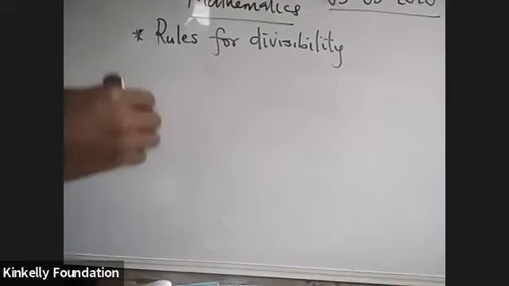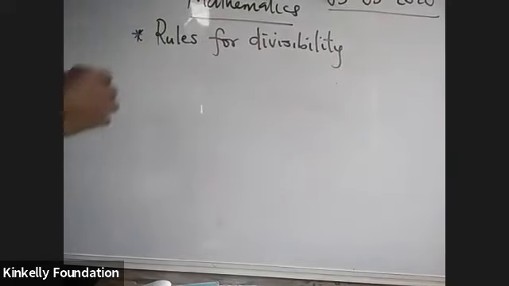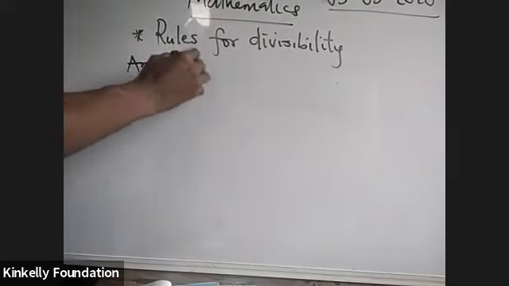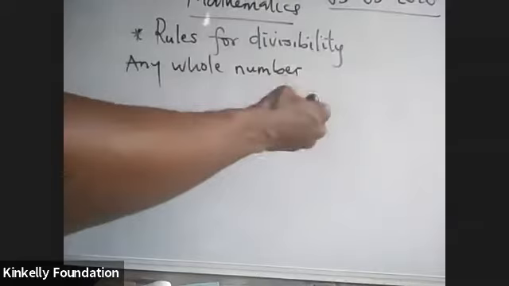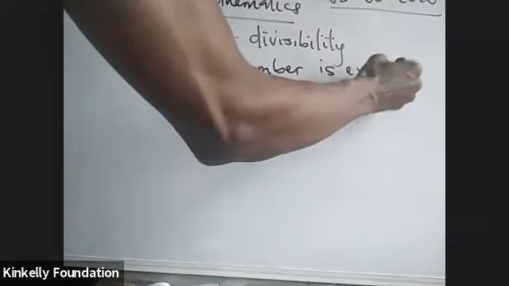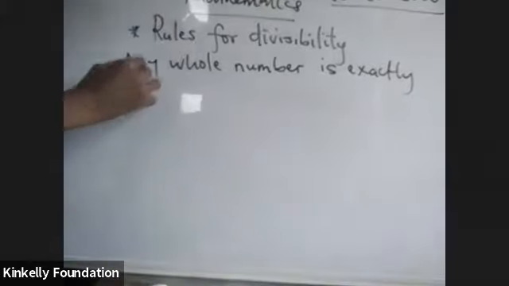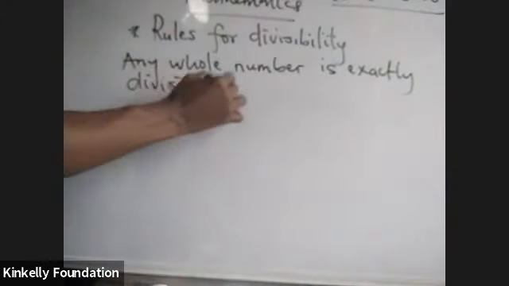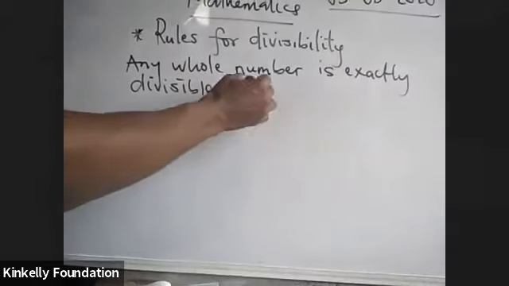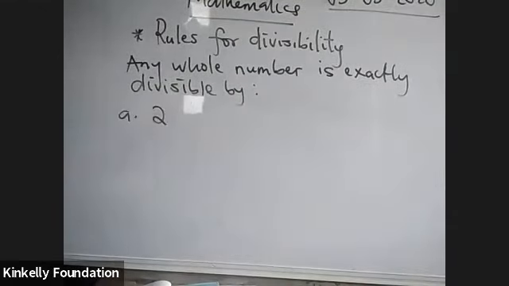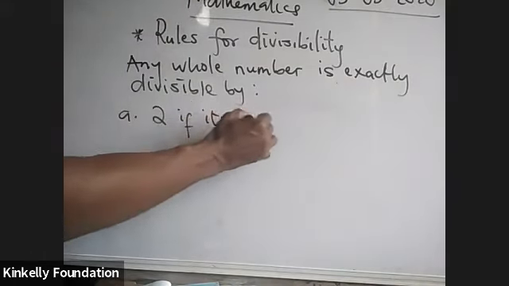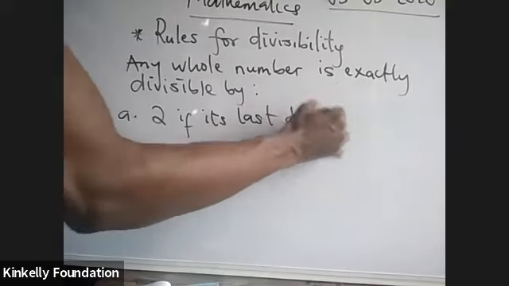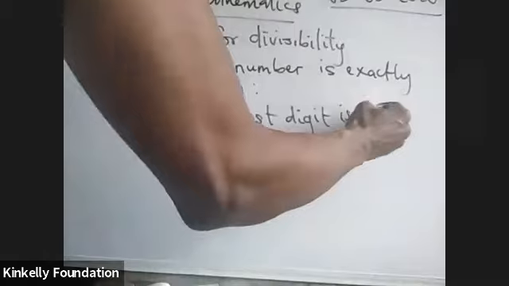Under this, we are going to consider the following: any whole number is exactly divisible by 2 if its last digit is even or it is 0.